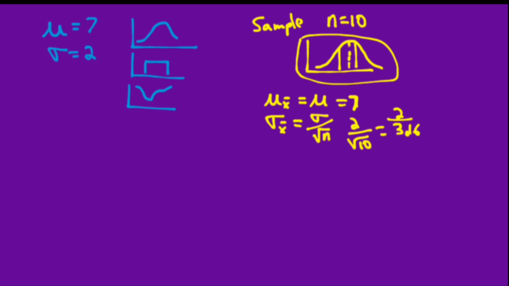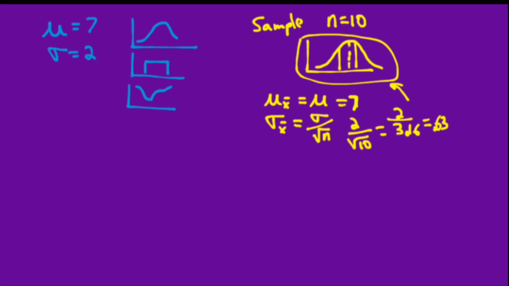Maybe we can get a little cleaner value that we can plug in. We'll call it for our purposes here 0.63. We'll use that for rounding purposes. So we now know the mean and the standard deviation of the sample distribution.